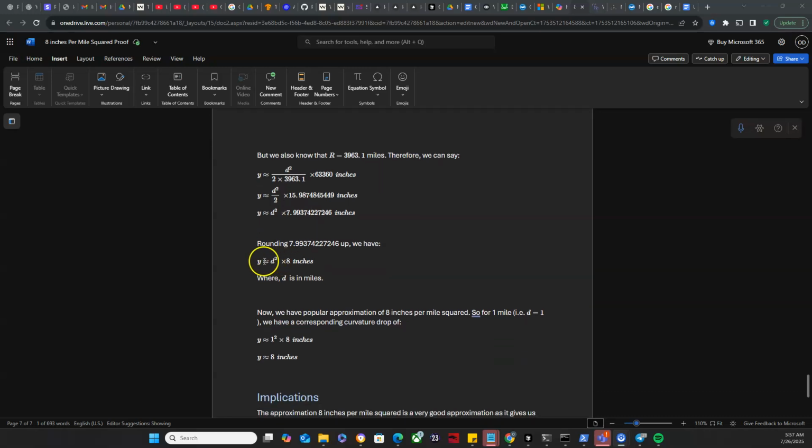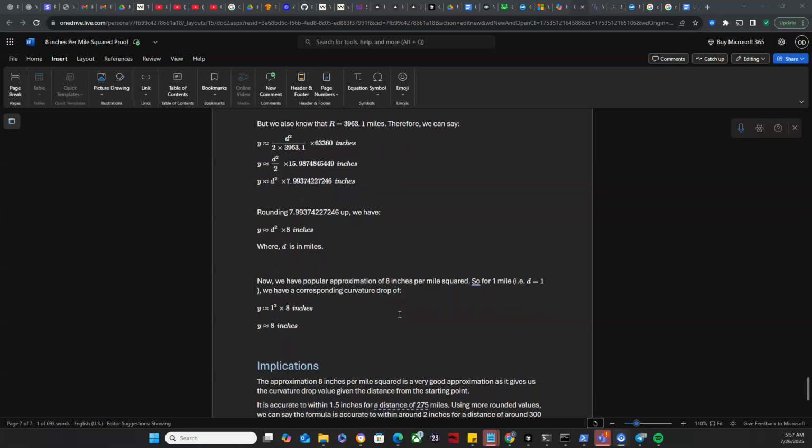So therefore we have y approximately equal to 8 d squared, all in inches, where d is in miles. Good. So now we have the popular approximation of 8 inches per mile squared, which is interesting.